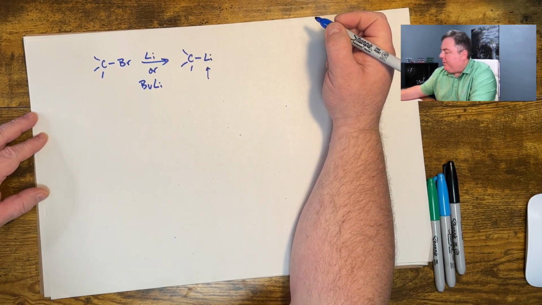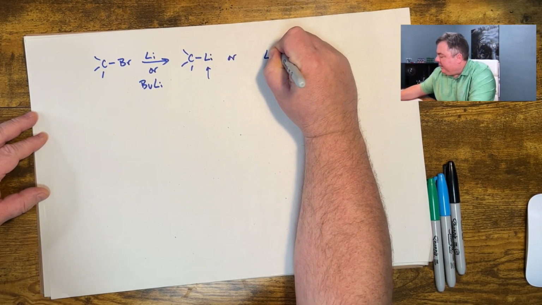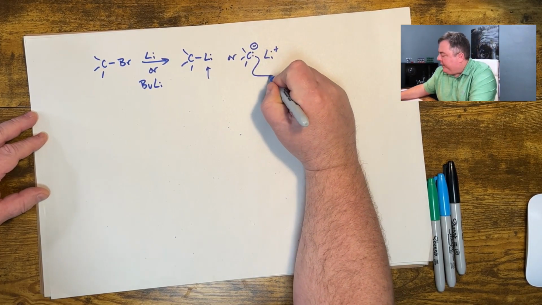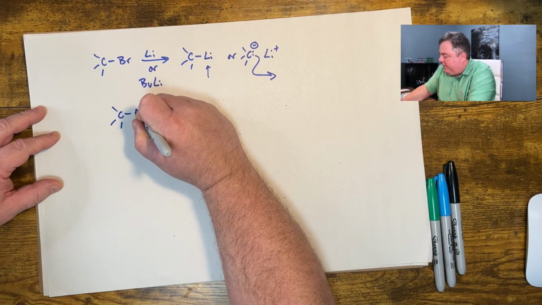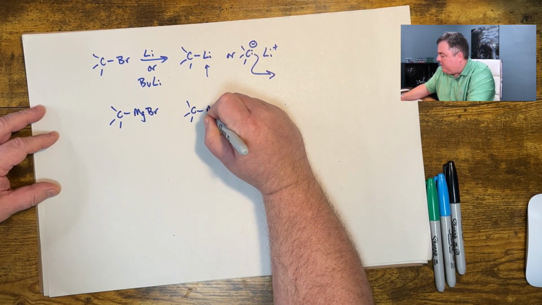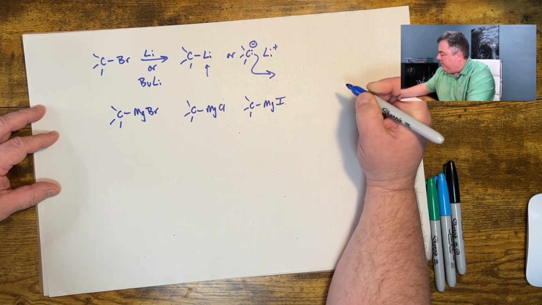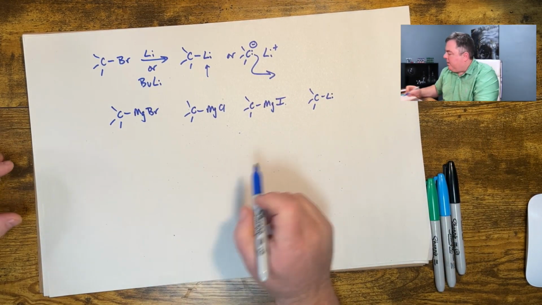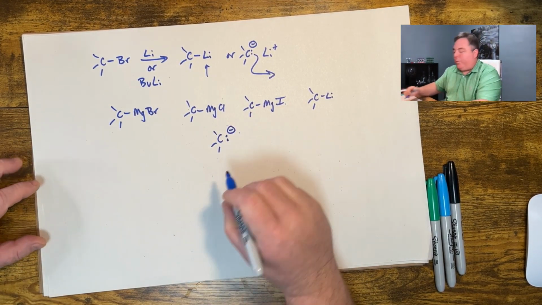And if you see lithium, a metal like this, we think metals are positively charged, so you can think about that as lithium with a positive charge, and this carbon has a negative charge, and it's ready to go attack something. So these would be similar reagents: that Grignard, this Grignard, that Grignard, or that organolithium reagent. All of those I would think about as a carbon with a negative lone pair ready to go attack something.